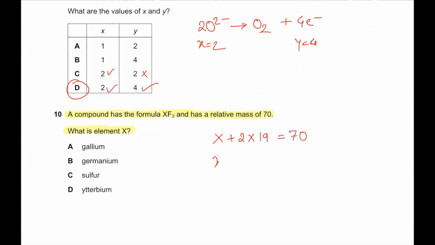What we can do is find out X's mass number: 70 minus 38 is 32. Now anything with a mass of 32, from the periodic table we know that is sulfur. Gallium, germanium, and ytterbium none of them has a mass of 32. So 10C will be the correct answer.